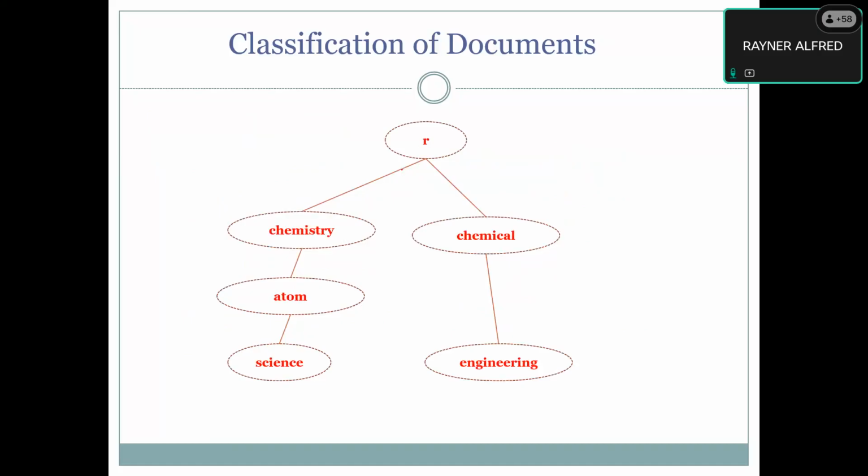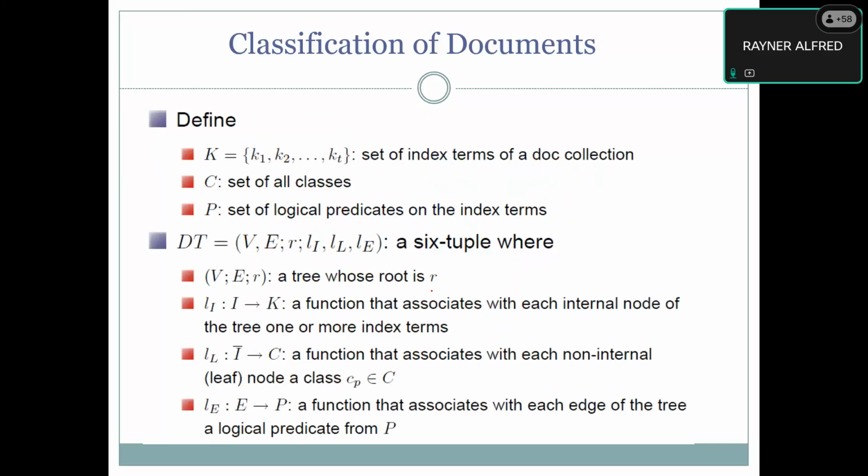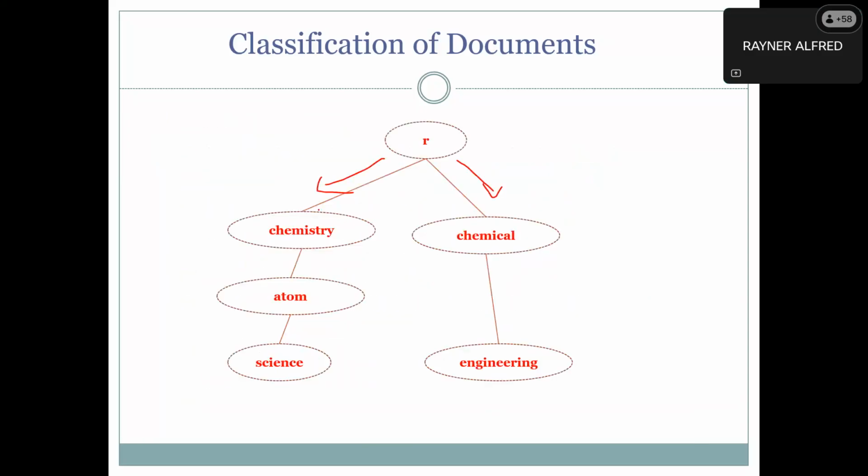So for example, this is your root, and then if they belong to chemistry, you go here, and then atom, you go here, and science, and so on. And so we split them into two. When we apply it in the real world for the classification, we basically take the keywords here.